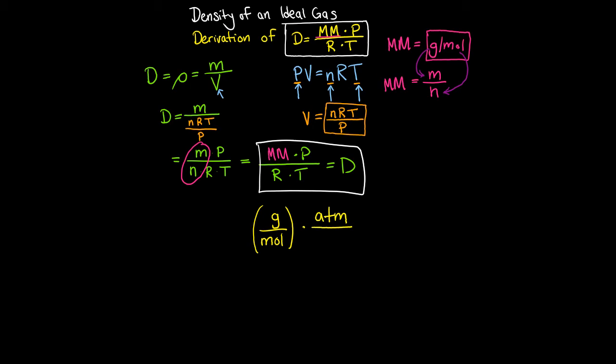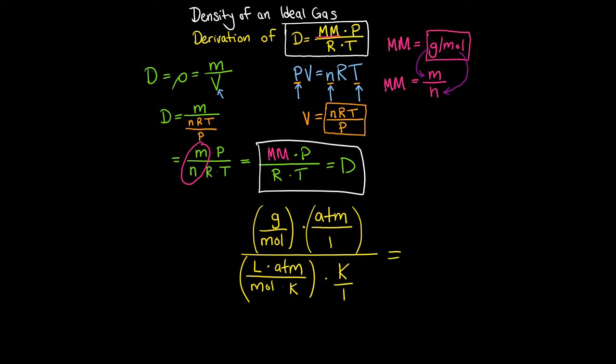However, there are many different units for pressure, as you know. We're dividing this all by the gas constant, R, the units of which are liter atmospheres per mole Kelvin, and this is all multiplied by Kelvin. We should expect to get units for gas density of grams per liter.